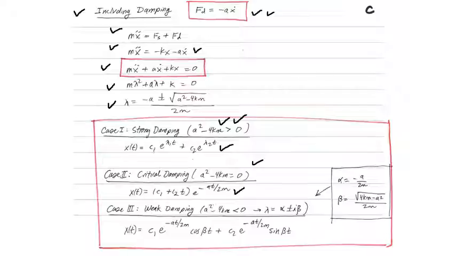The third case is maybe the most interesting one, where the expression under the radical is less than 0. Then we're ending up with complex conjugate roots using the same notation that we used earlier in the chapter. Alpha turns out to be negative a over 2m, and beta turns out to be this.